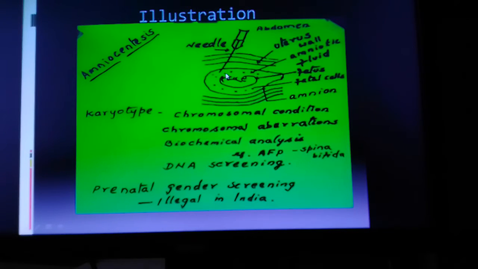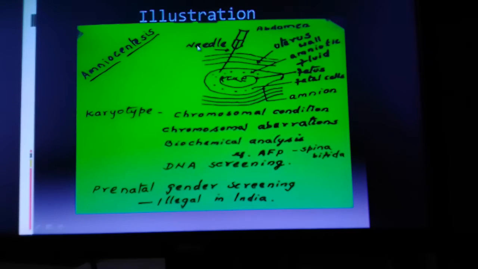Care should be taken not to injure the fetus while the needle is inserted and the fluid is drawn out. About 20 ml is said to be taken for the process of amniocentesis, because the total quantity of the amniotic fluid may be about 600 to 800 ml during the pregnancy of the mother.